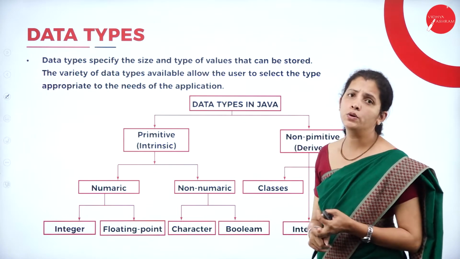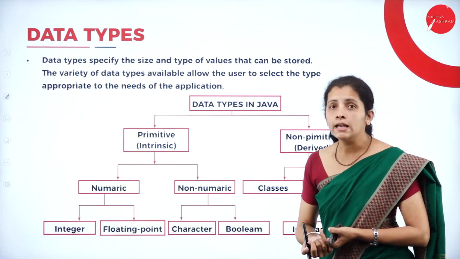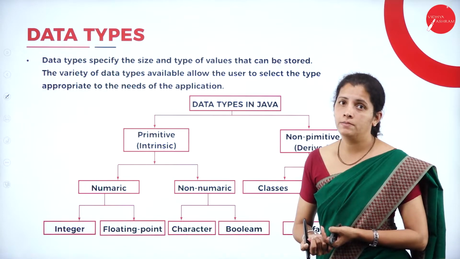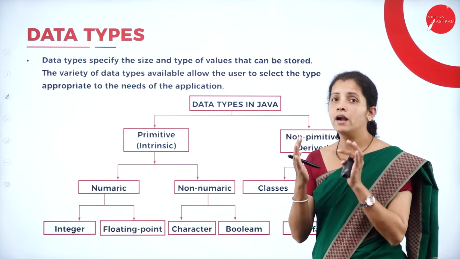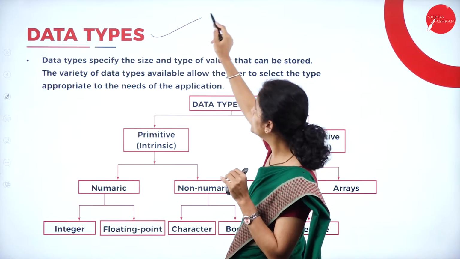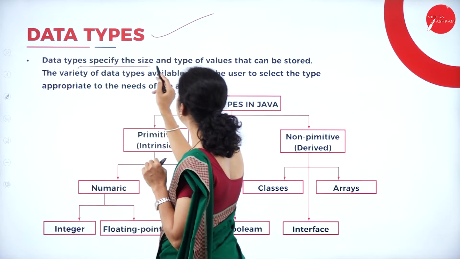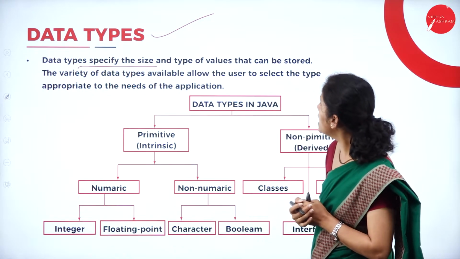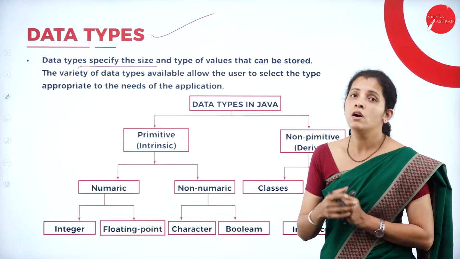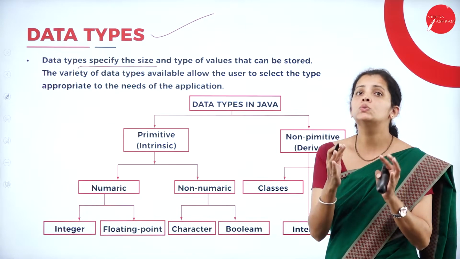Now I'm going to talk about data types. So what is a data type? Data types are nothing but the type of the item. I want to identify a particular type of item. In that I'm going to use data types. Now data types specify the size and type of values that can be stored. For example, think that I'm having a student name.